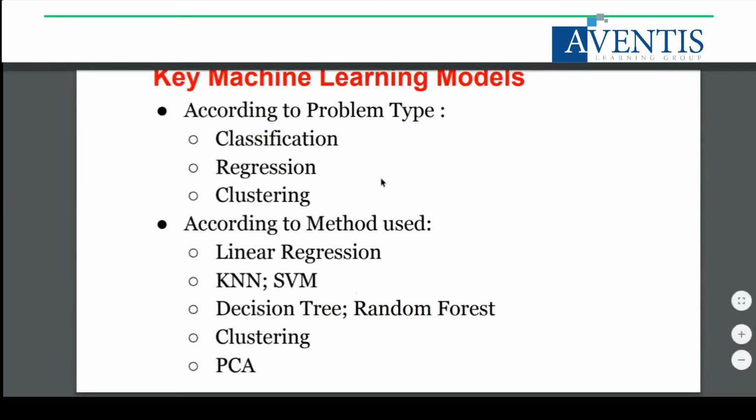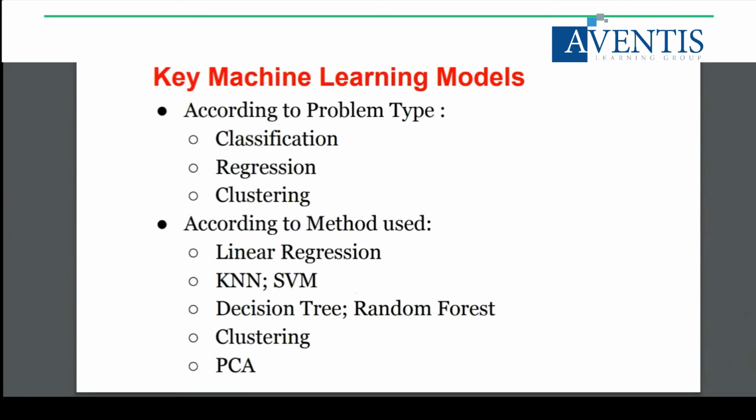I already told you, within supervised learning, the two classes are classification and regression, and within unsupervised learning, one can build clustering kinds of models. And there are different names of the models. For regression, it may be simple linear regression.